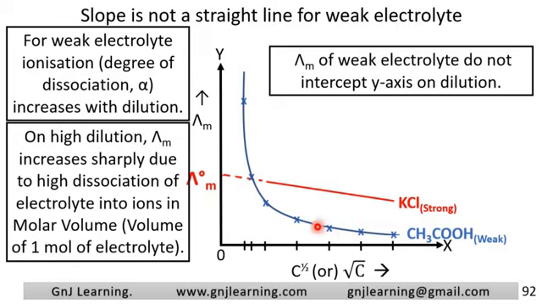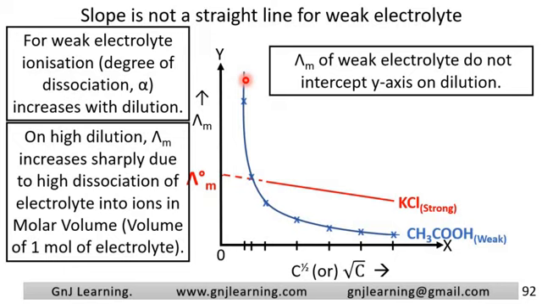So if I am diluting, the molar volume is increasing sharply, and at the same time the number of moles dissociated inside that molar volume is also increasing. So the entire lambda m will sharply shoot up. Okay, so these are the two things.